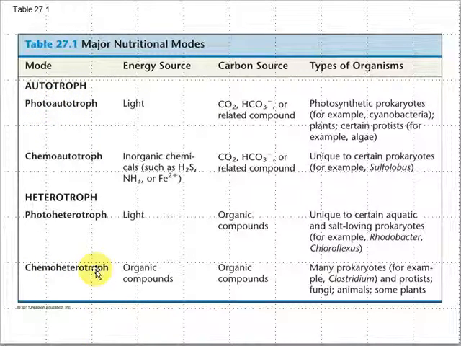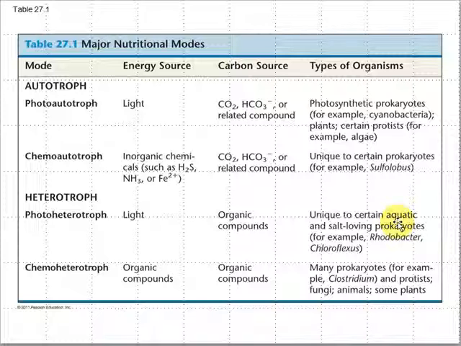Now these other two are a little bit more odd. A chemoautotroph and a photoheterotroph, you don't really see those except in the prokaryotic world. So these two are found only in various prokaryotes, some of which we're going to look at over the rest of this chapter, and some of the other creatures that are not prokaryotic but are small eukaryotic creatures, we'll look at them as well.